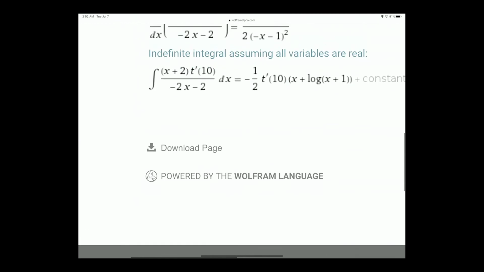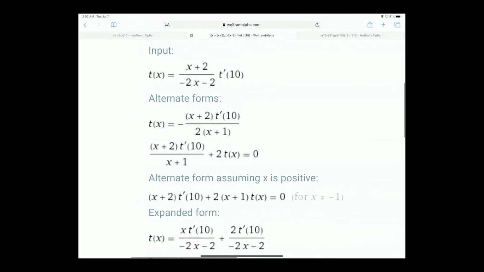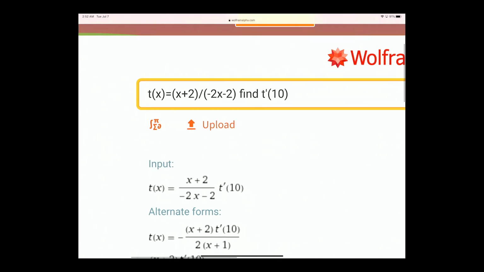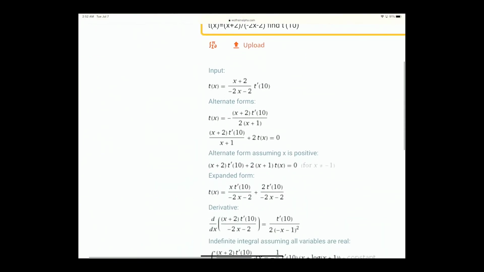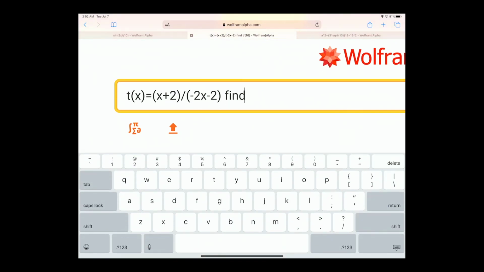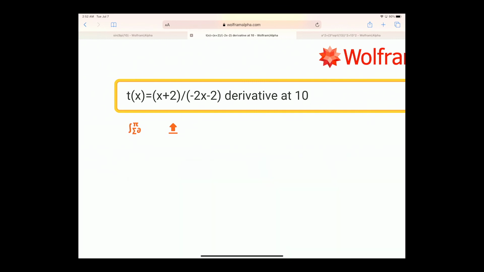So it looks like it did not understand it because it wanted to interpret the t prime of 10 as part of the thing there. So if I say derivative at 10, might do it that way.